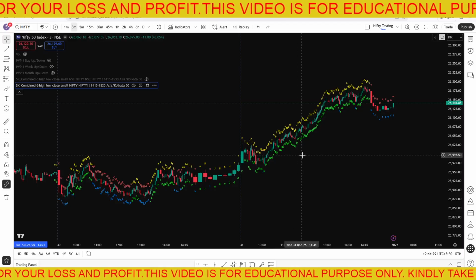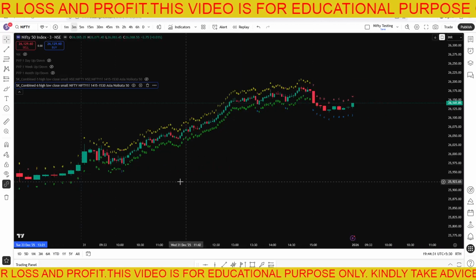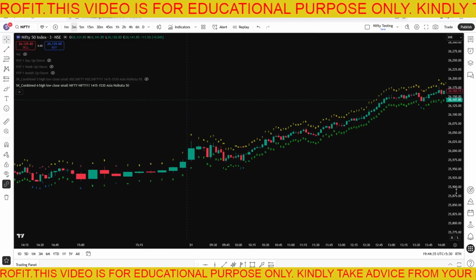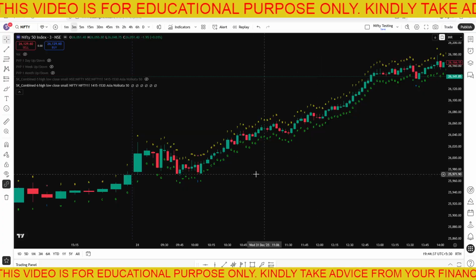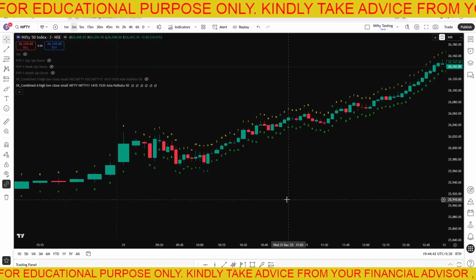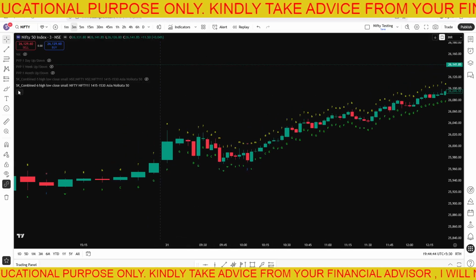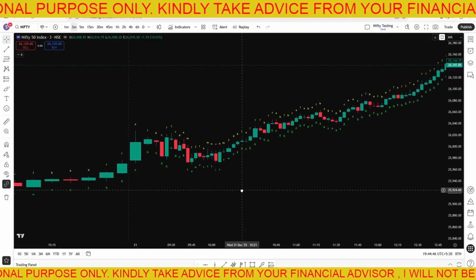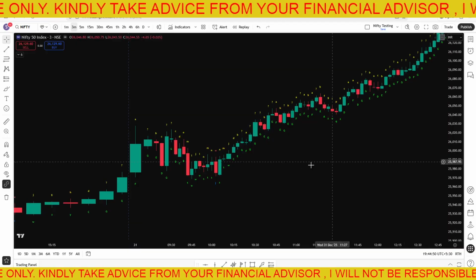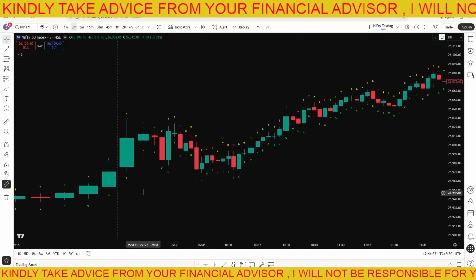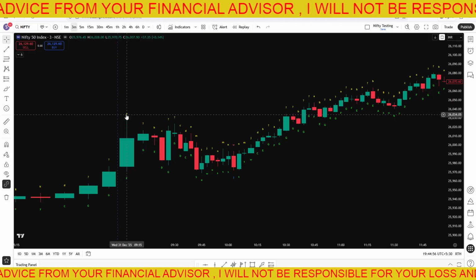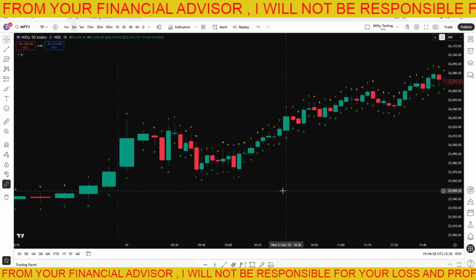This is the main indicator which we use for direction. In this one, what we have to do at 3 minute time frame chart, we have to see, as you are seeing, there are some alphabets, right? Some capital letters and some small letters, A, B, C, D, and all that.